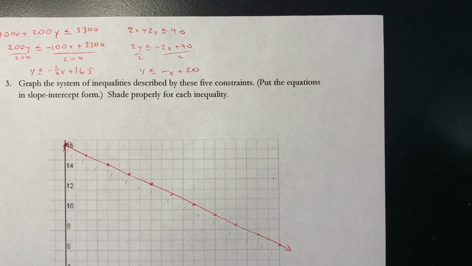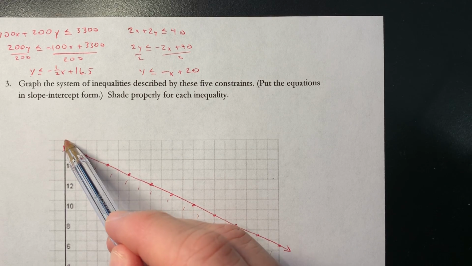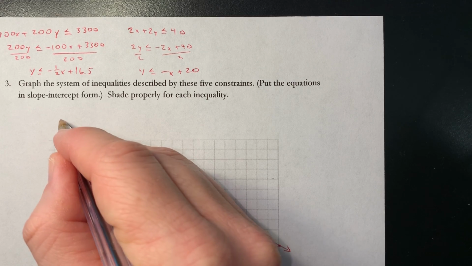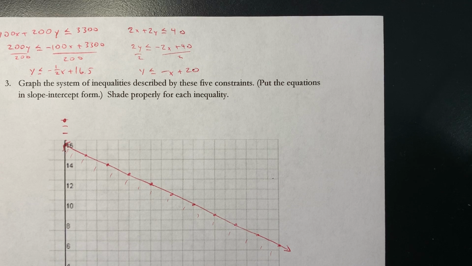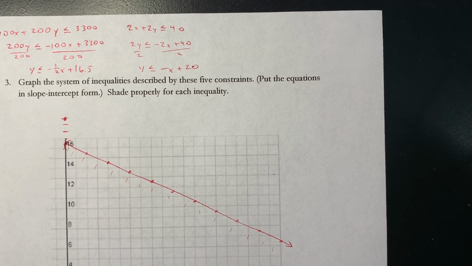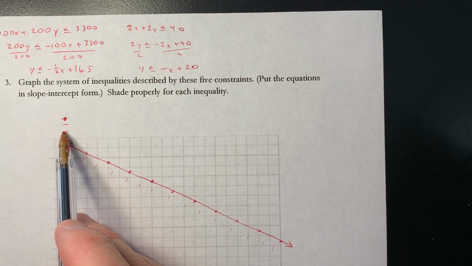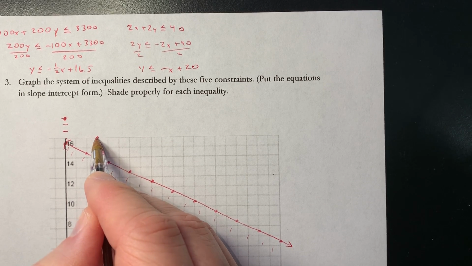Okay, so this is 16, 17, I'll go 18, 19, 20. Okay, so there's our y-intercept, and the slope is negative 1, so that's down 1, right 1. I'm just going to go down 3, right 3 to get onto the grid.